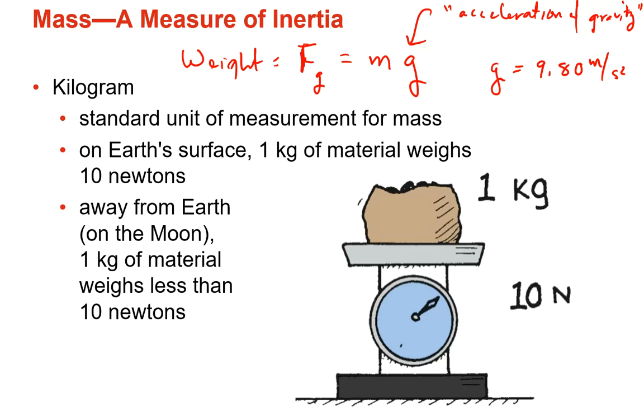But that is not the scientific unit. The scientific unit, the standard unit, is the metric system unit, or the SI unit, that is the newton. So if I ask you how much you weigh, you could also answer in newtons. Let us say that you have a mass of 100 kilograms.